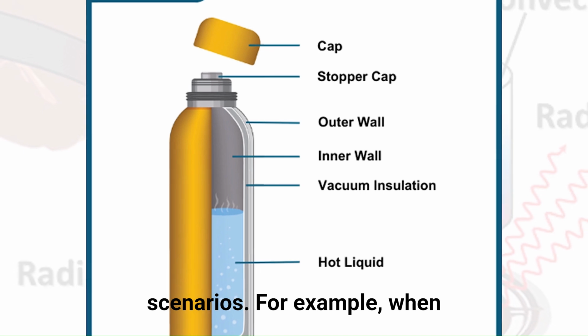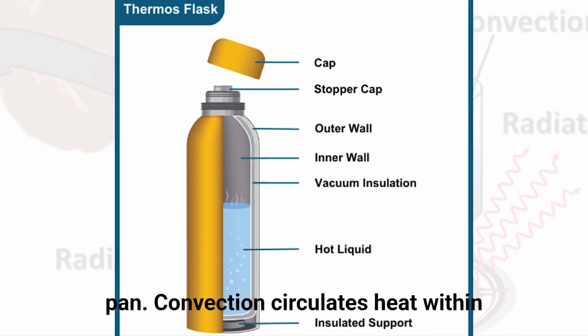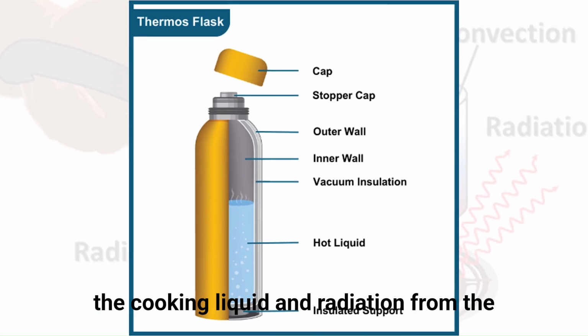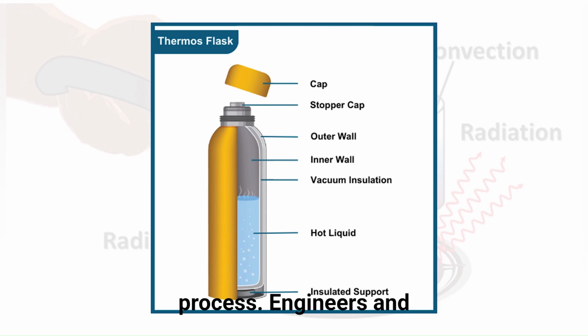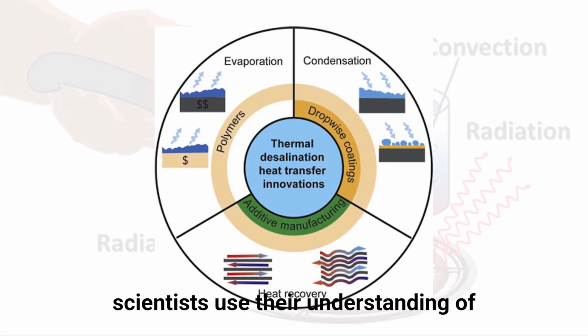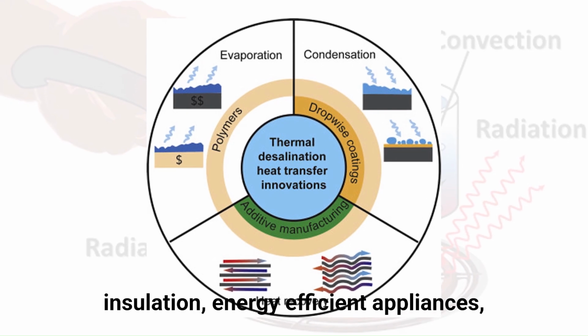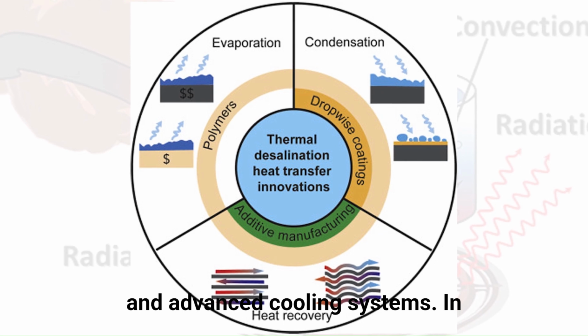For example, when cooking food on a stove, conduction transfers heat from the burner to the pan, convection circulates heat within the cooking liquid, and radiation from the flame or heating element adds to the process. Engineers and scientists use their understanding of these principles to develop better insulation, energy-efficient appliances, and advanced cooling systems.